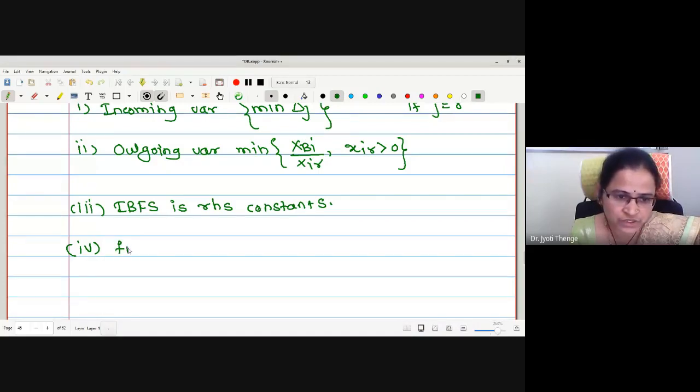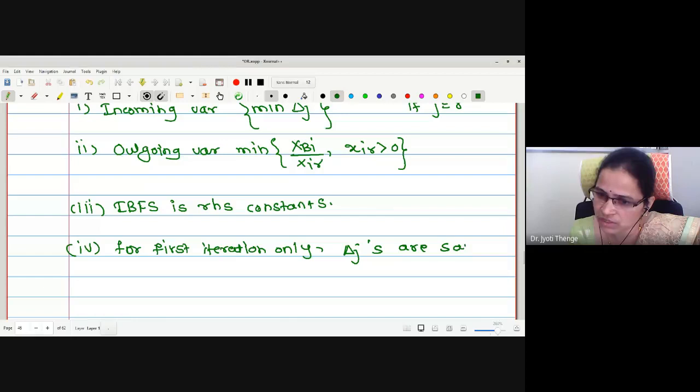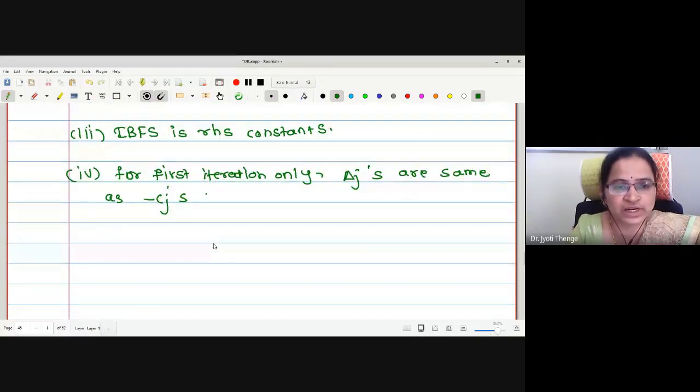For the first iteration, delta j's are the same as minus cj's. Therefore, no need to calculate the delta j's for the first table.